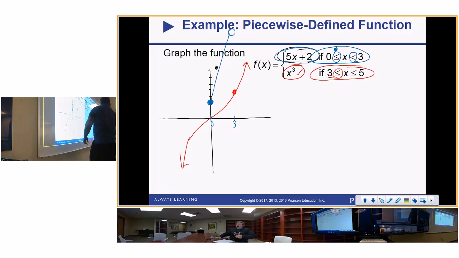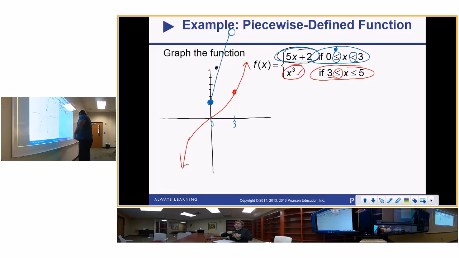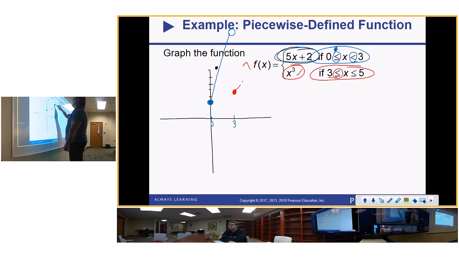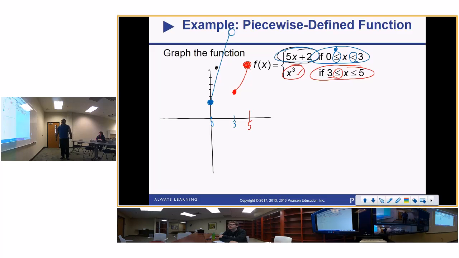And I erase, and of course it's going to erase the whole thing. I've got to redraw. So it looks like that. And what about 5? What did we get at 5? Closed circle. So there is your piecewise function for those two.